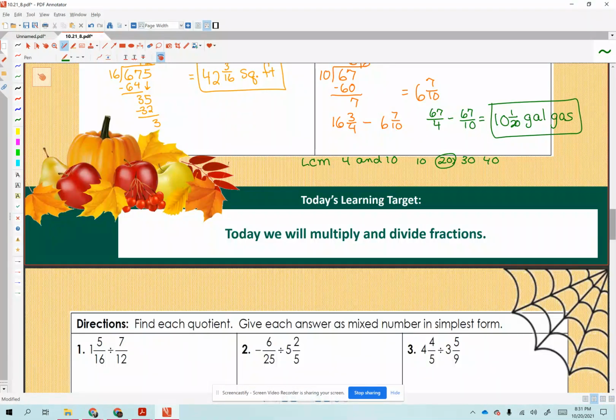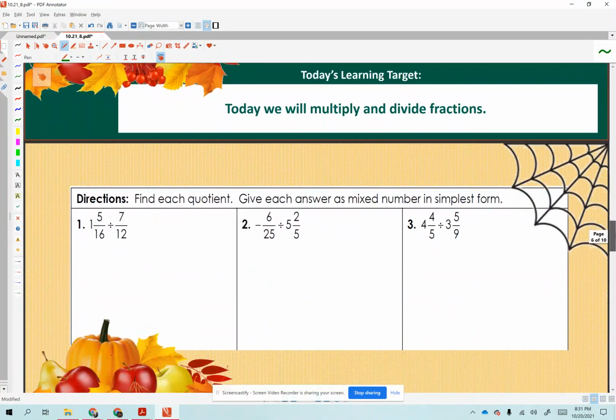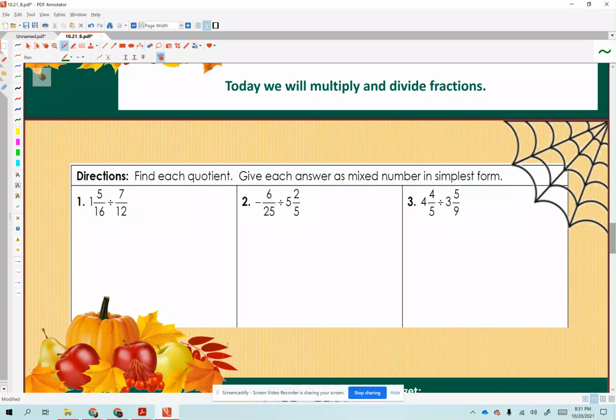So let's look at the division problems. When we divide, we're going to remember to keep the first fraction, change the division to multiplication, and invert the fraction. In other words, flip it to its reciprocal.